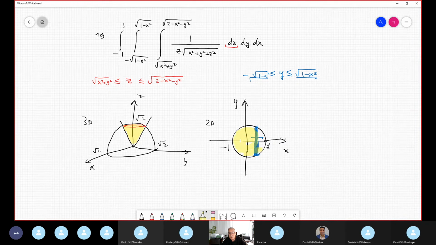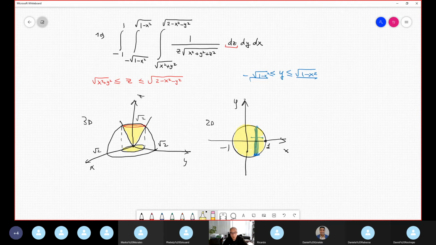Okay, conclusion. This is my region in 2D. No quarter circle like the other problem. You know, it's completely full circle. Okay, this is my region in 2D. So basically, when you're projecting this, it's a full circle. Super.